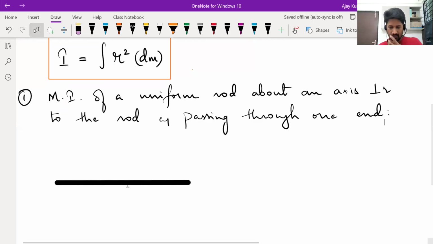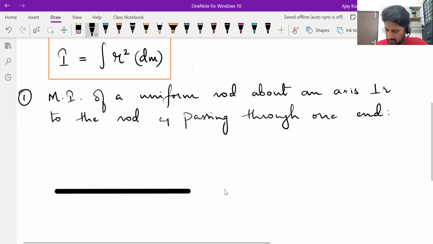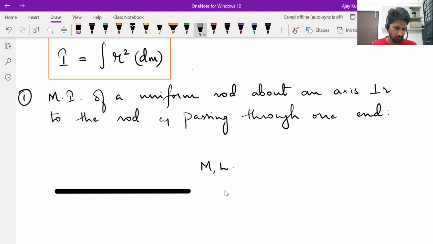Assume the mass of this rod is m and its length is L. Imagine an axis passing through one end of the rod and perpendicular to its length. So this is the axis about which we want to derive its moment of inertia.